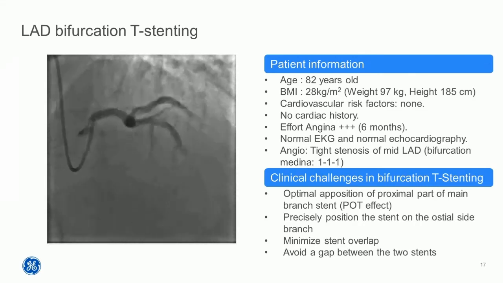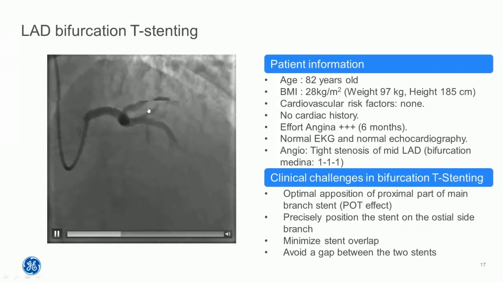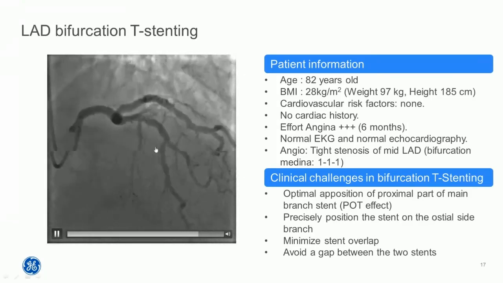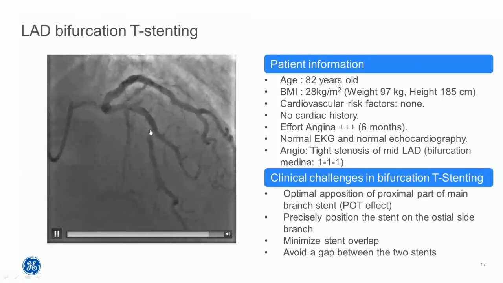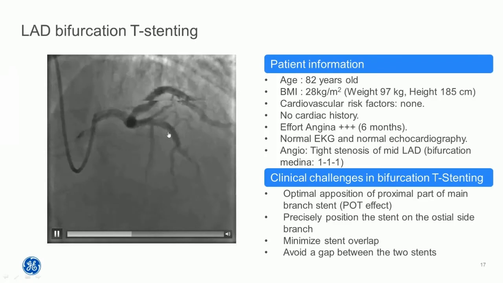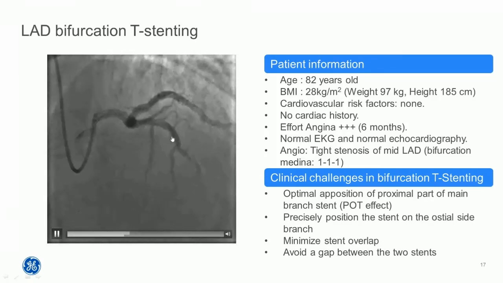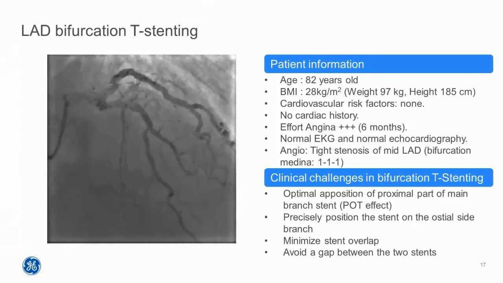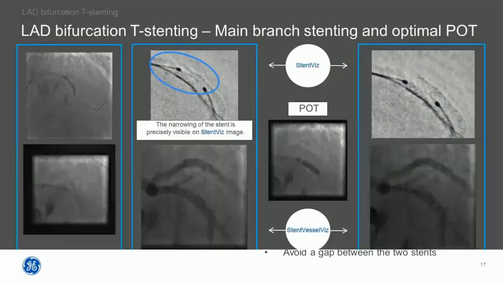So the steps are to put the stent on the main vessel, to do a proximal optimization of the proximal part of this vessel, and then to use a second stent in case of a bad result on the diagonal branch. This bifurcation is Medina 111.